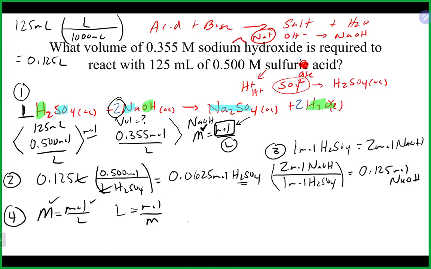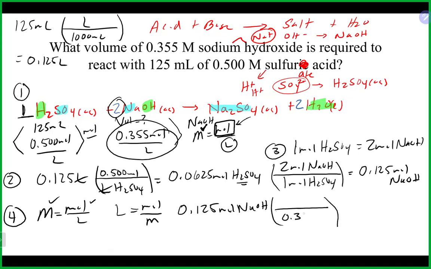And again, we could also do a dimensional analysis take on this. So we'll take our 0.125 moles of sodium hydroxide. Using the molarity here as a conversion factor, I could flip it upside down and put the moles on the bottom, which means I'm dividing by it, and our liters of sodium hydroxide.